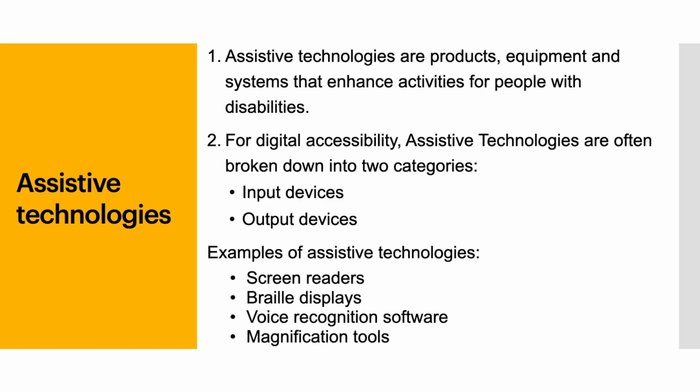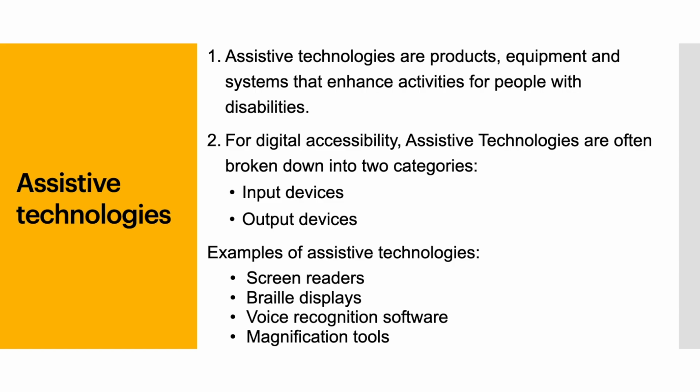The input devices, for example, include speech recognition software, which allows users to control a computer and dictate text using their voice. Then there are alternative keyboards designed for users with mobility impairments, featuring large keys, customizable layouts, or one-handed operation. And then there are eye tracking systems, adaptive mice and joysticks, and braille keyboards.